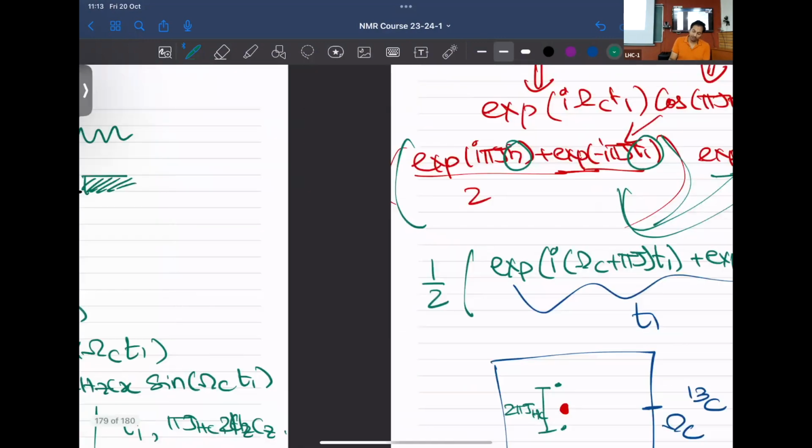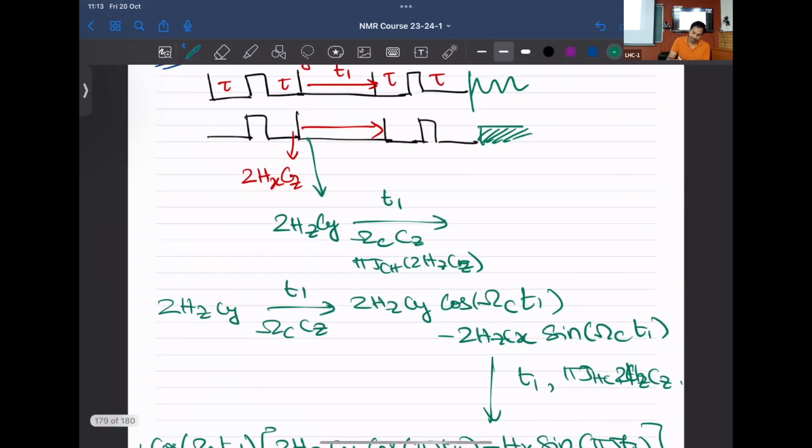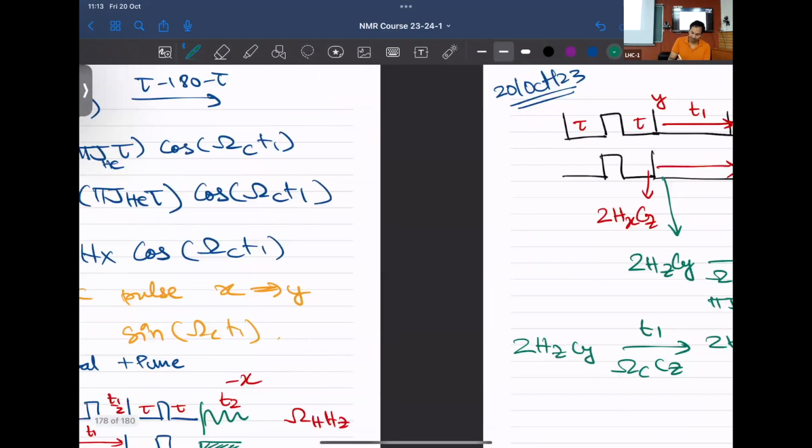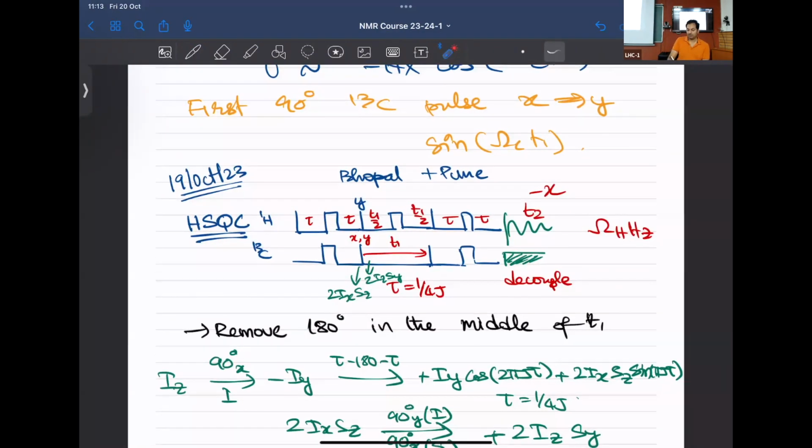Now, instead of doing all this, you keep the same HSQC. You literally keep the same HSQC pulse program. In the T2 evolution time, do not decouple. Currently, we did an experiment not decoupling in the indirect dimension, which is the carbon dimension. You could do the same equivalent, but not decoupling in the direct dimension.